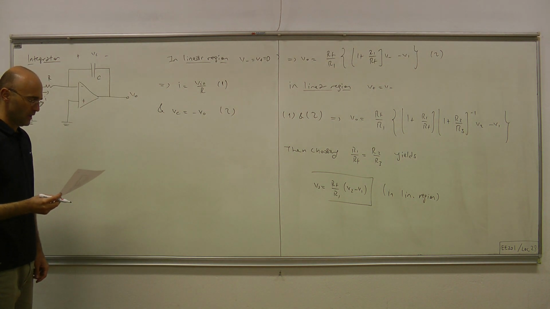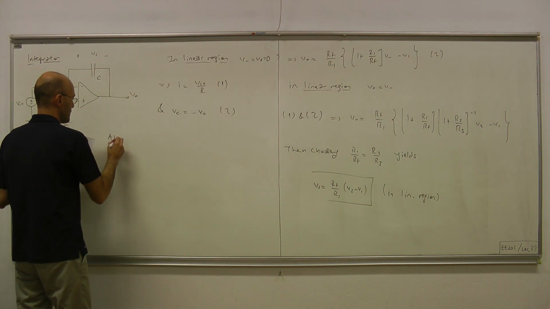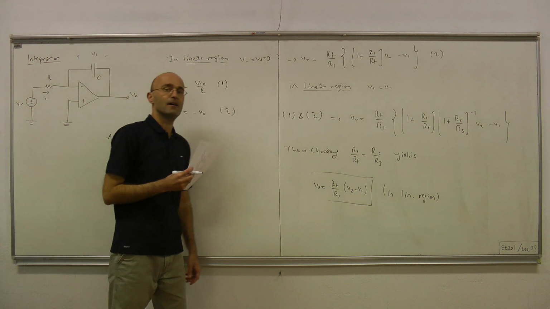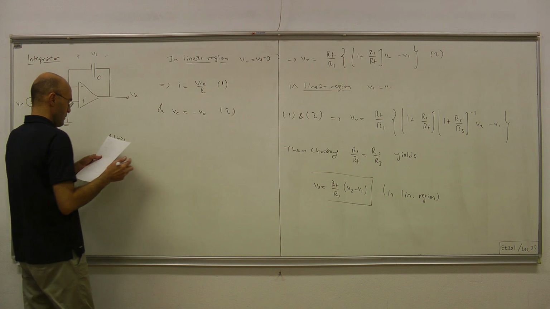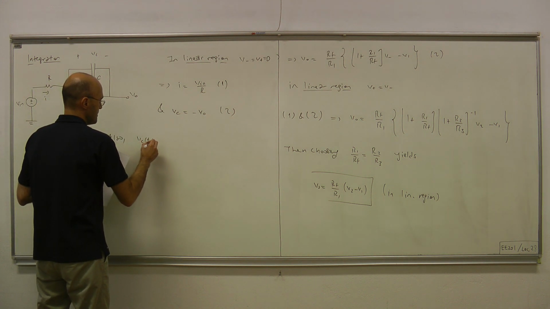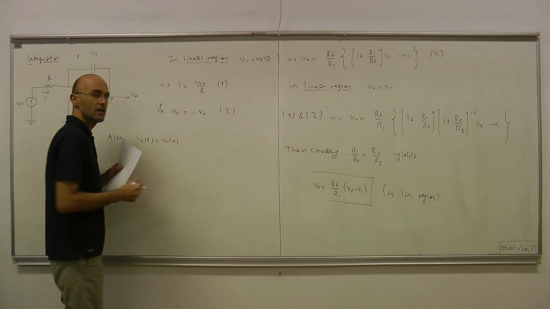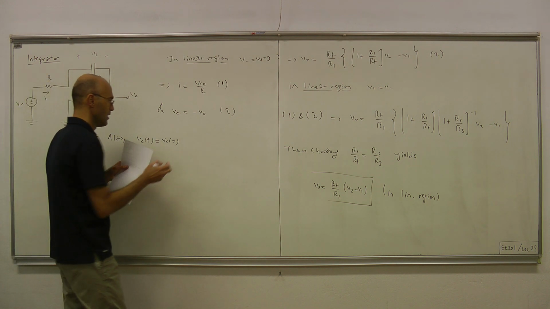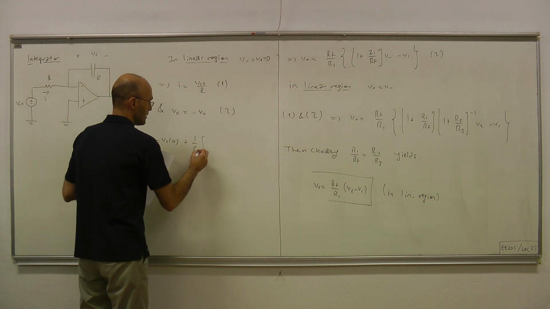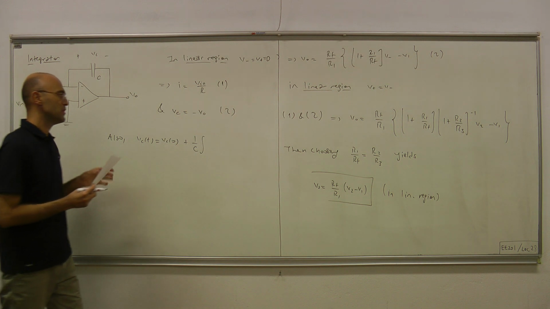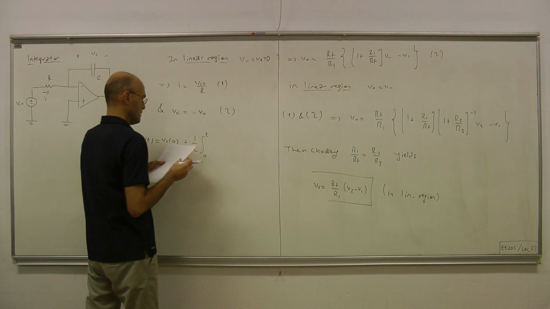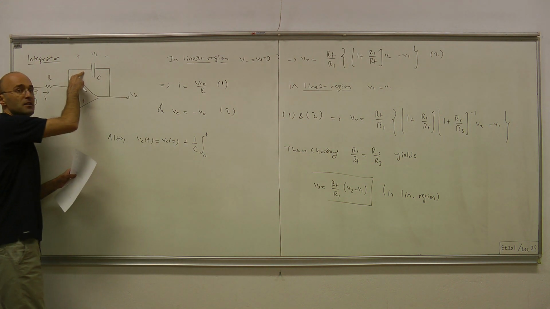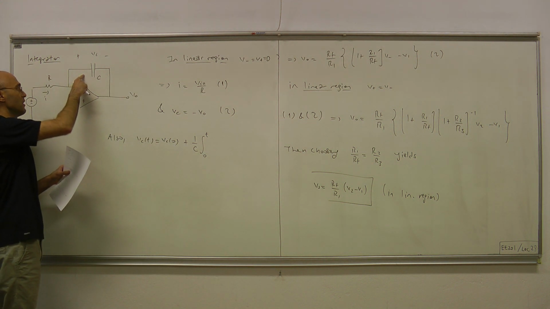Equation 2. Also, let's write down the terminal equation for the capacitor. VC(t) equals the initial capacitor voltage VC0 plus 1 over the capacitance, times the integral of the current IC. This current is the capacitor current.